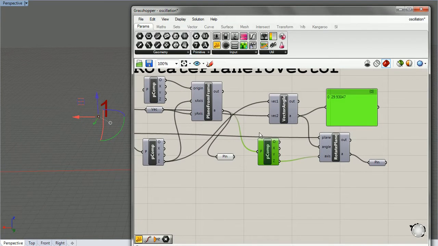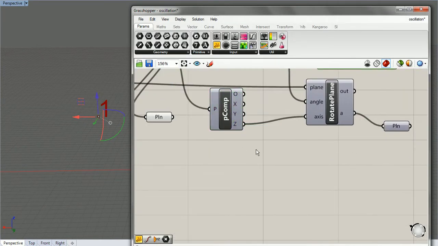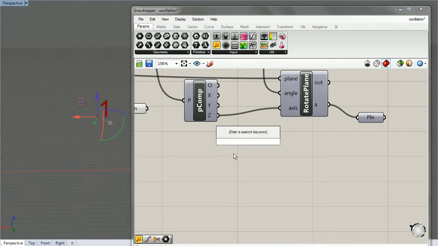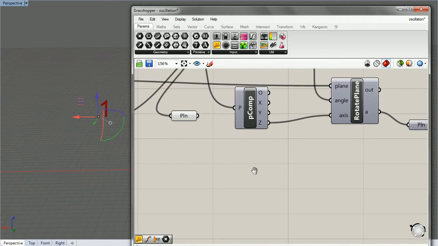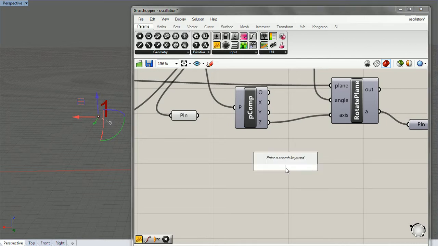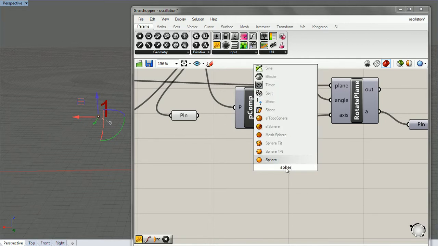Here, let's the z-axis. I'm going to, what am I going to do? I didn't feel like that was very clear, so I'm going to make a sphere.